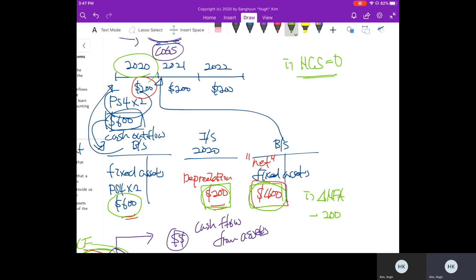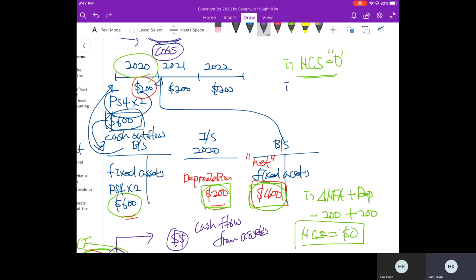So this negative $200 comes from depreciation. So we add back this $200 of depreciation. Then net capital spending is indeed zero.